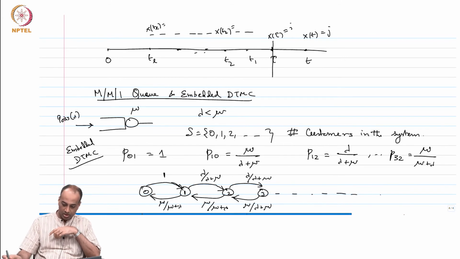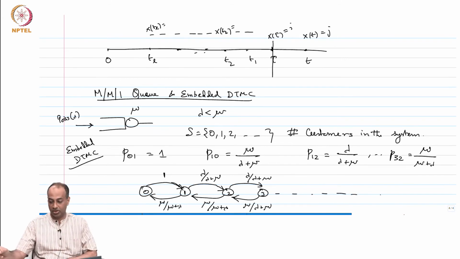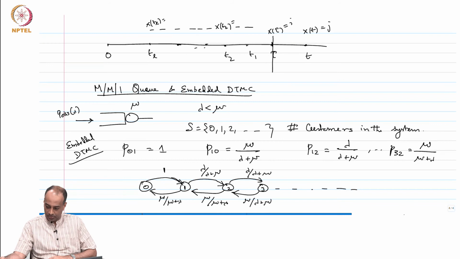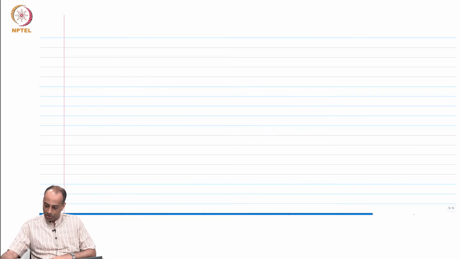So, this is the embedded DTMC for the MM1 queue, okay. And what are the nu i's? These are the p_ij's, okay. And so, what are the nu i's?